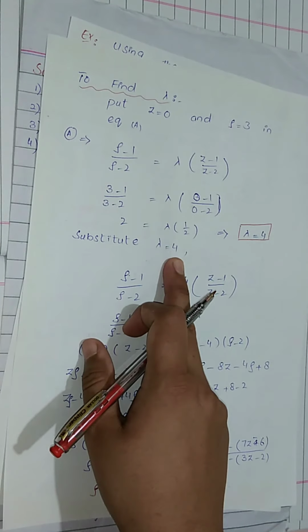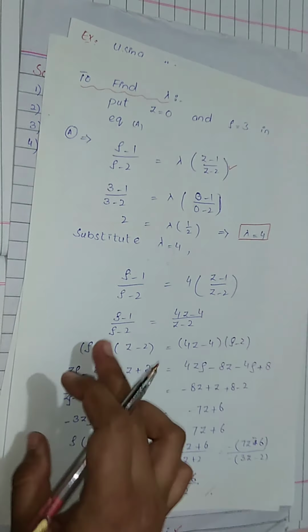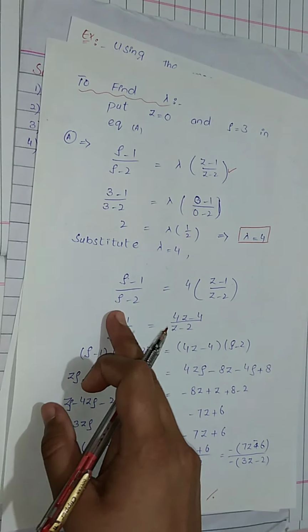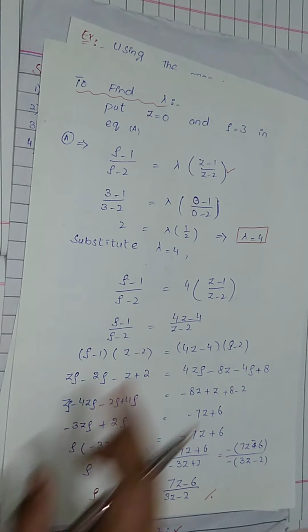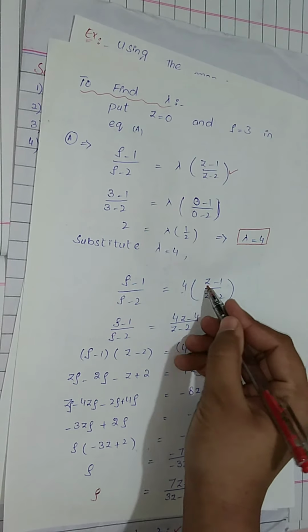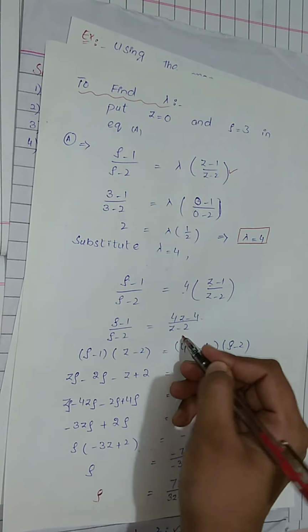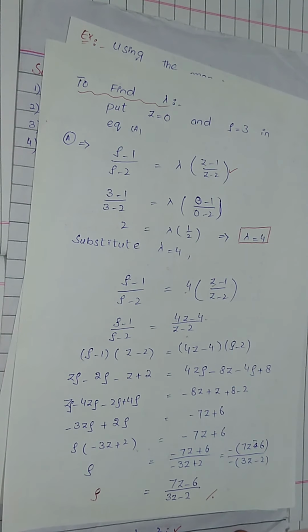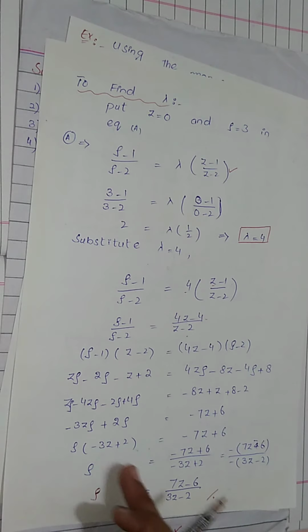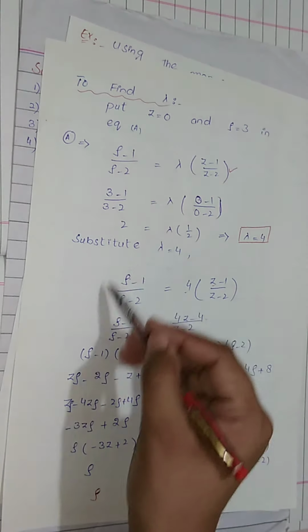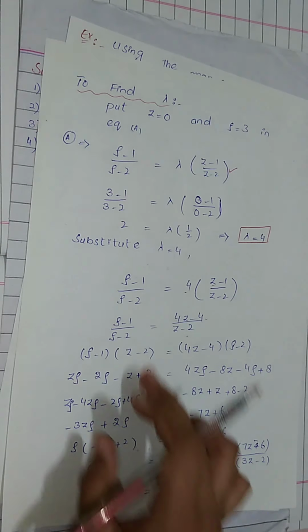Substitute lambda equal to 4 in this equation. Xi minus 1 over xi minus 2 is equal to 4 times z minus 1 over z minus 2. Multiplying by 4, we have 4z minus 4 over z minus 2. We want to find the bilinear mapping in the form of xi, so we find xi from this formulation.